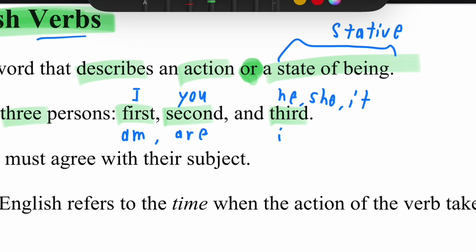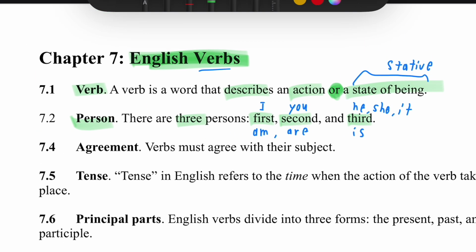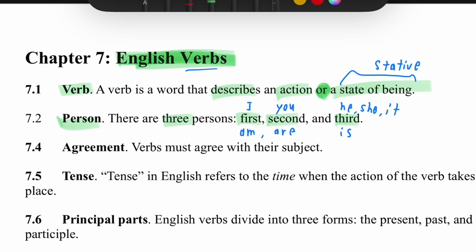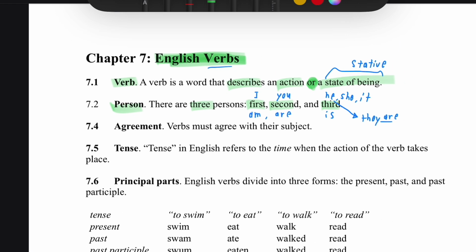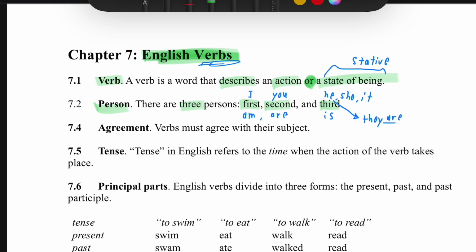You would say he is. But if you make it plural, the plural of he, more than one he, would be they. And now it would no longer be they is, it would be they are. So we understand that verbs inflect, and then they must agree with their subject. So there has to be an agreement between the subject, in this case, for example, they, with the verb are. They have to agree in person and in number.